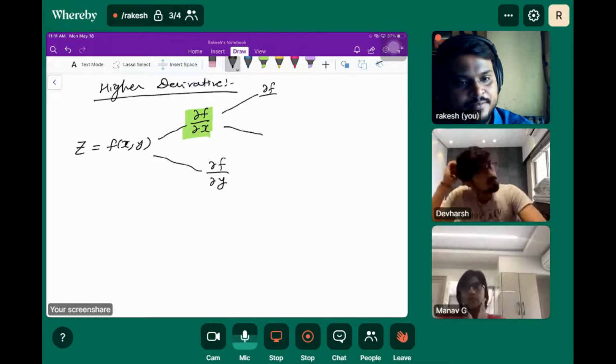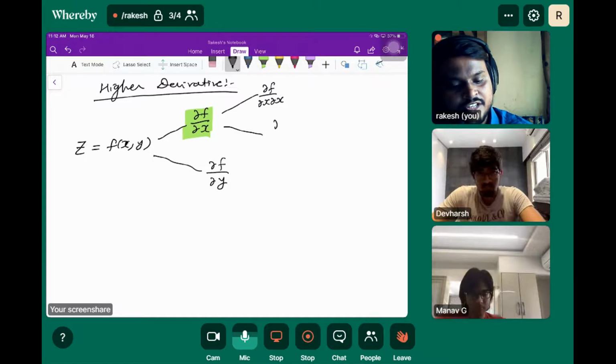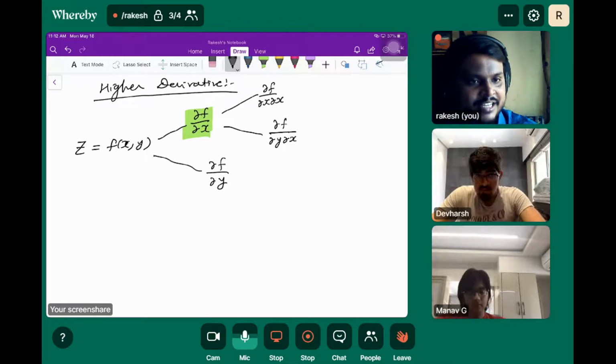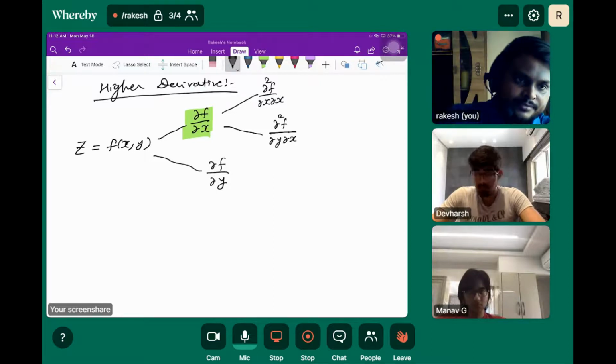Do you understand? But how do we write that? With respect to x, I am writing del x. If I am writing with respect to y, then it would be del y first and then del x, right? And I'm missing something here, which is the square, right?